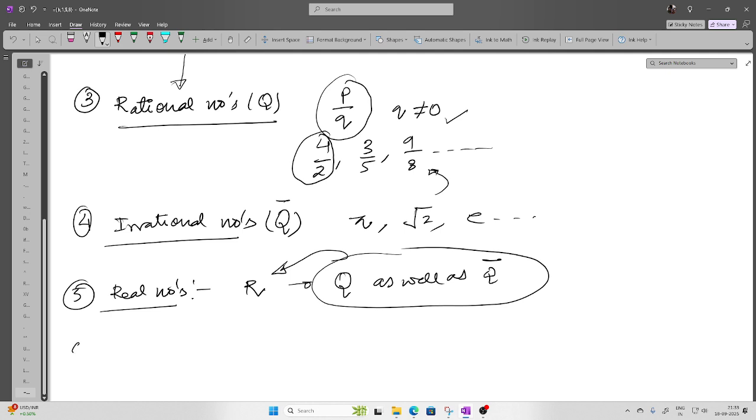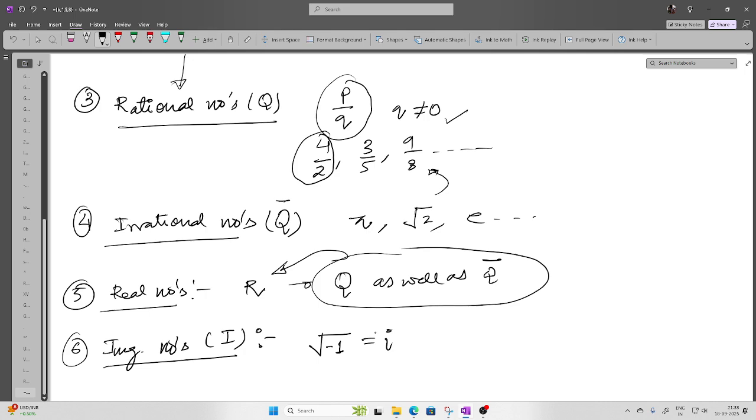Then come your imaginary numbers, represented as I. What are these? So imaginary numbers are basically the one. So you might have observed this square root of -1. What is this? This is iota, and that is what an imaginary number is.